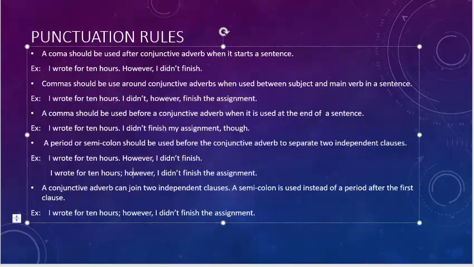Now we have the option to use a semicolon or a period. In this sentence we have used a semicolon. If you want to connect two independent clauses with a conjunctive adverb, before the conjunctive adverb you have two options, to use a period or a semicolon, but in any case you have to use a comma after the conjunctive adverb. Thank you for your attention.